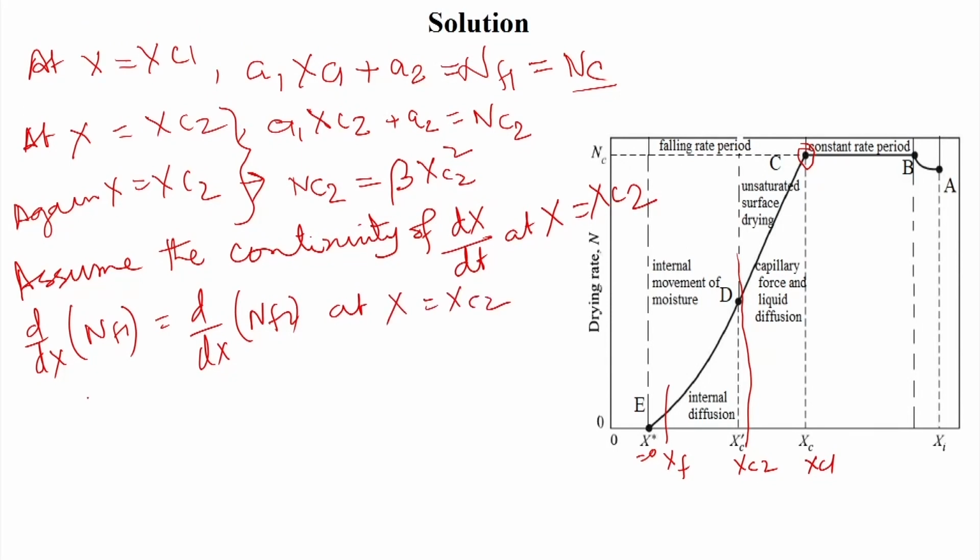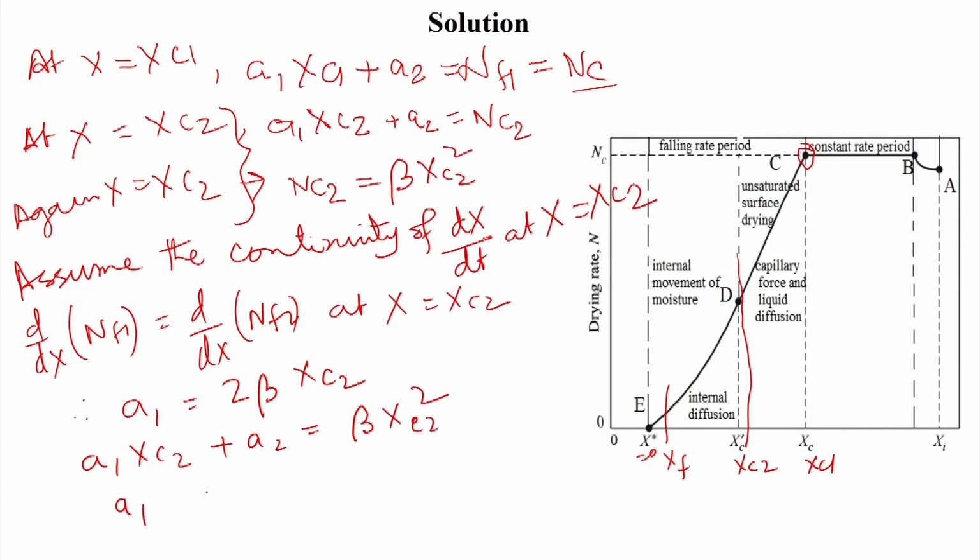From there we get A1 equal to 2 into beta into Xc2, and A1 into Xc2 plus A2 equal to beta into Xc2 square.